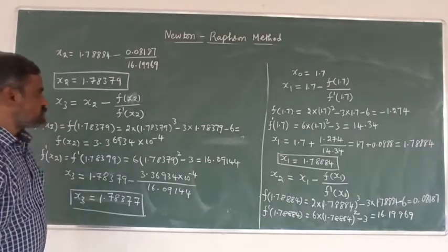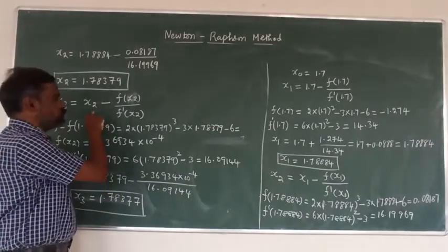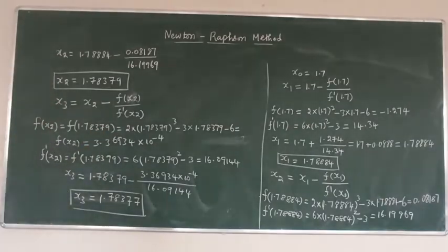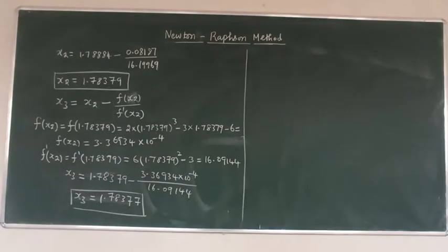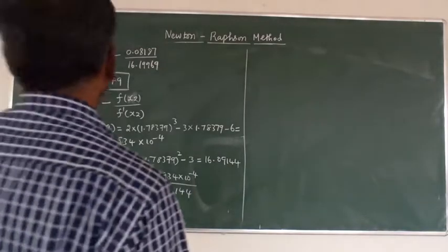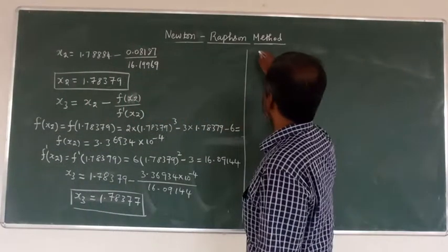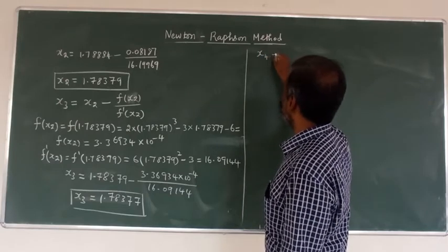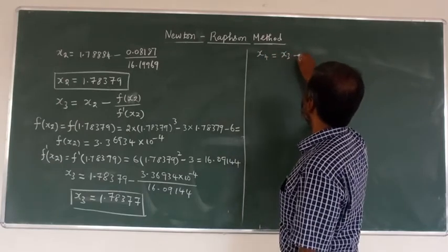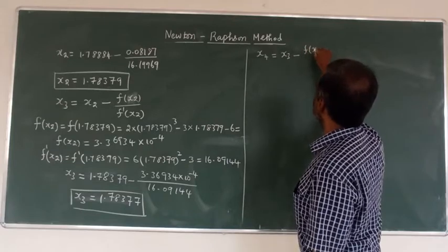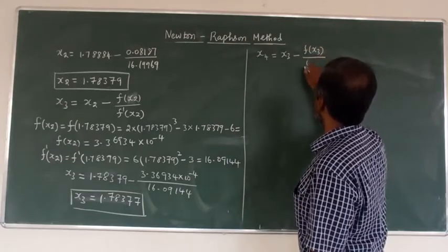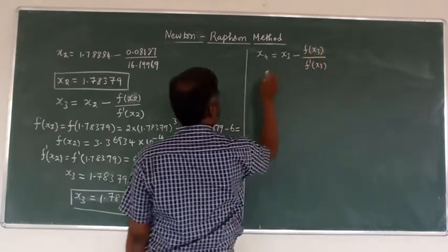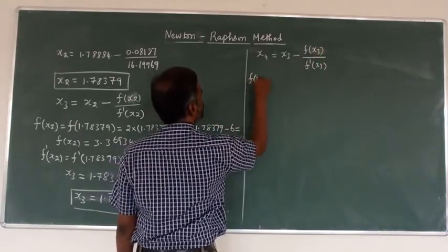For that, substitute n value 3, so we can get x4 equals x3 minus f of x3 divided by f dash of x3. First, we have to find out f of x3.